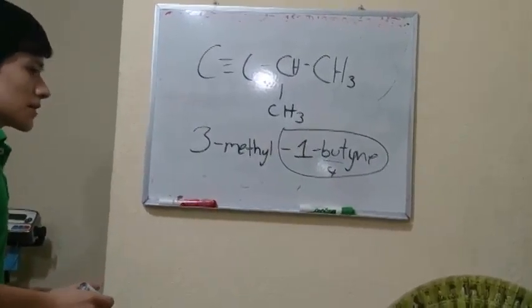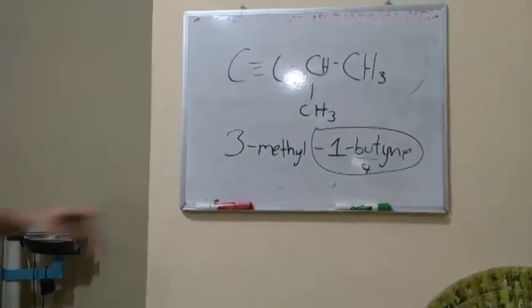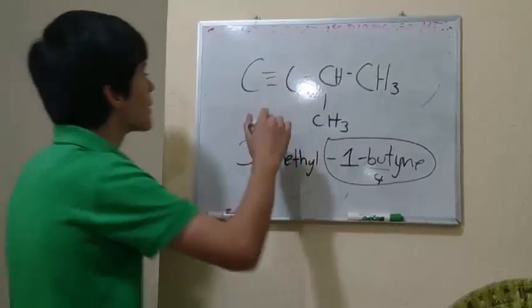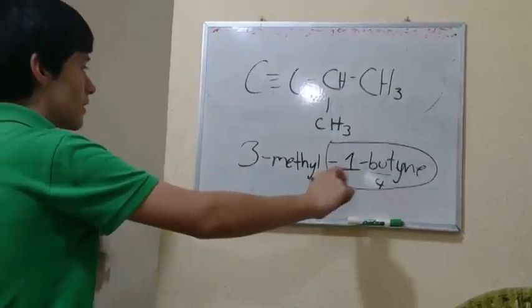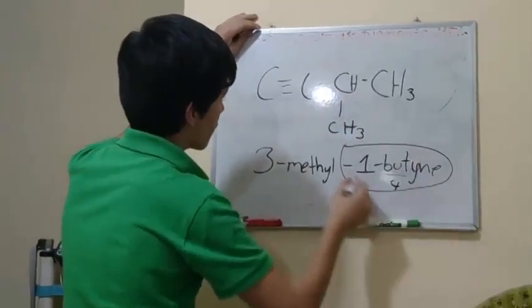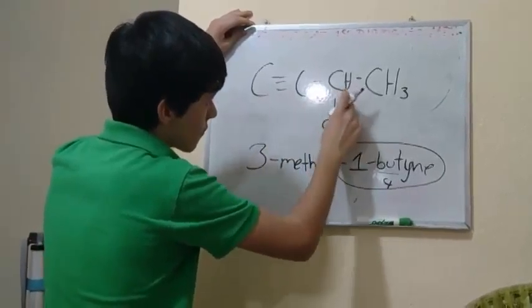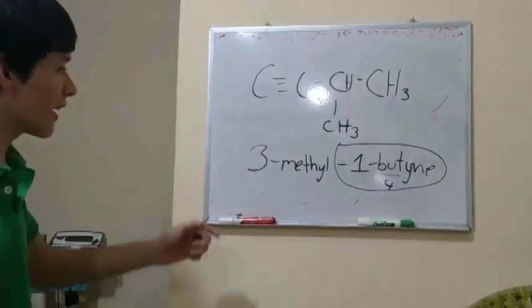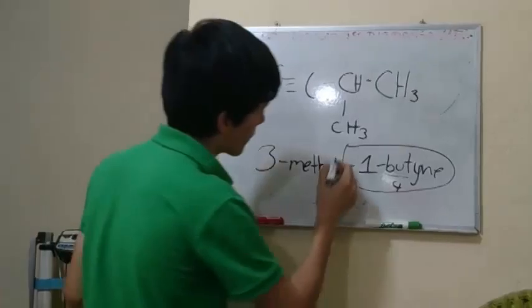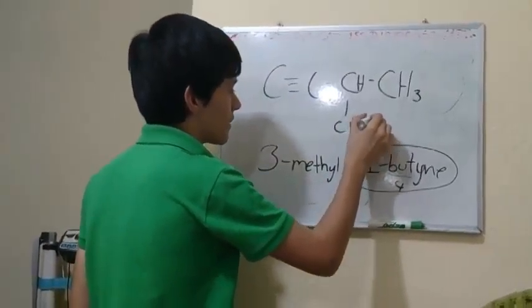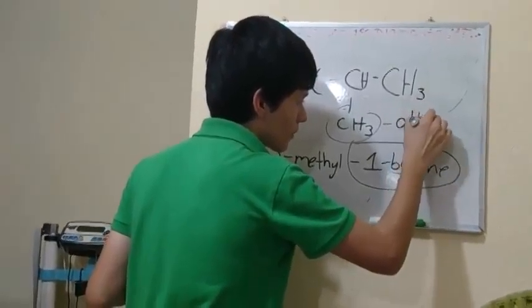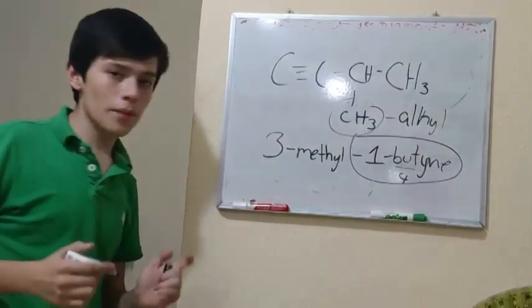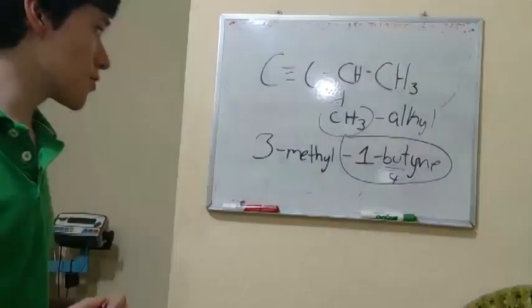So alkynes means that we have at least 1 triple bond inside of the entire chain. So let's start counting the carbons we have. It says we have 4, so I put 1, 2, 3, 4, and this is an alkyl group. This one in here is an alkyl. It's a derivation of the main chain.